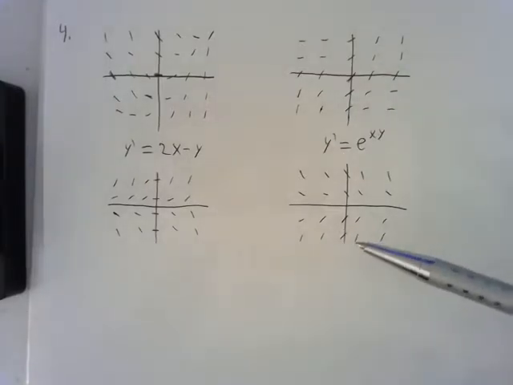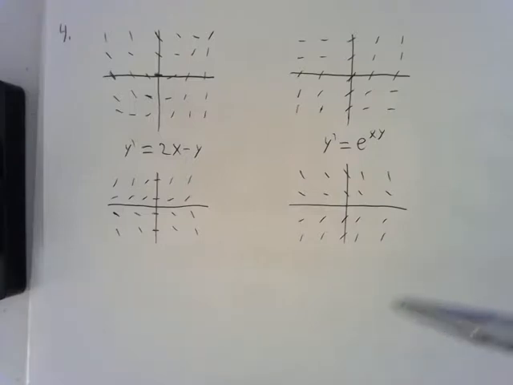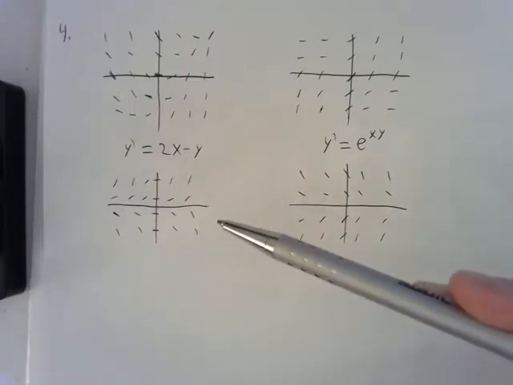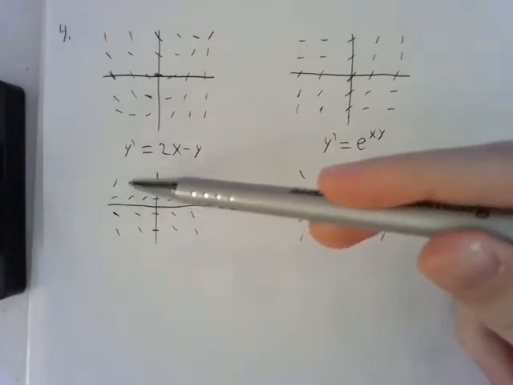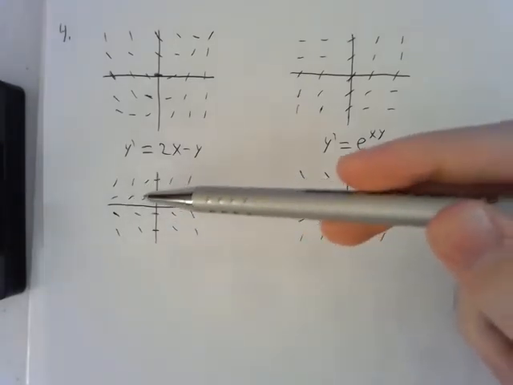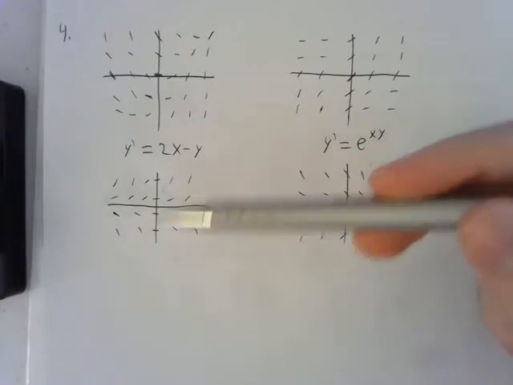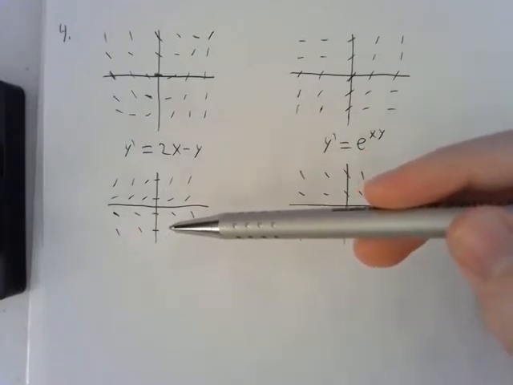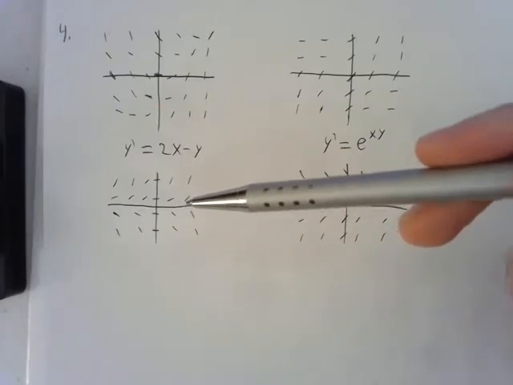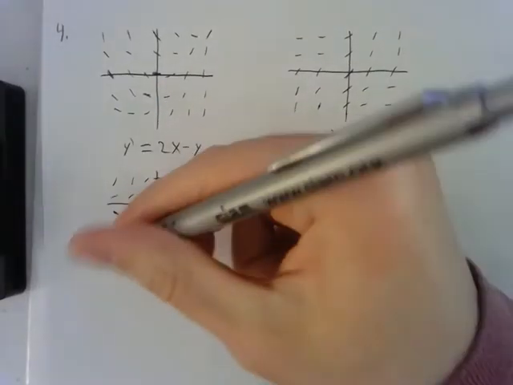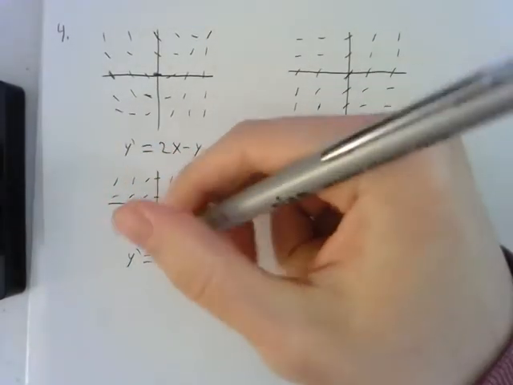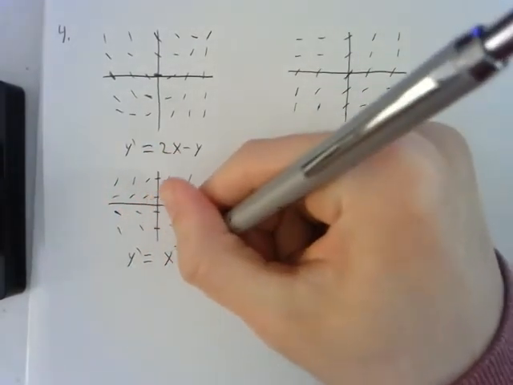Now let's look at the last two. Here, we see that whenever y is positive, the slope is positive. Whenever y is negative, the slope is negative. If you look at the differential equations that are available to us, the only one that has that property is y prime equals x squared y.